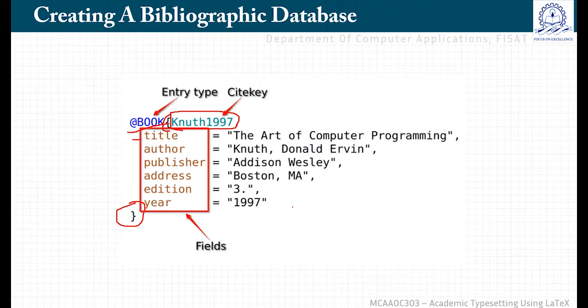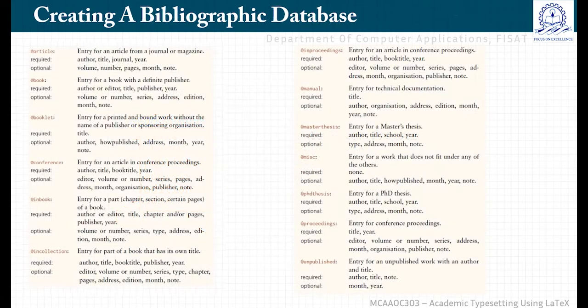For each entry type, certain fields are required. There are mandatory fields for different types of entries. Others are optional, and the rest are ignored. So this is a table. Here we can see that for an article entry, the required fields are author, title, journal, and year. And optional fields are volume, number, pages, month, note.